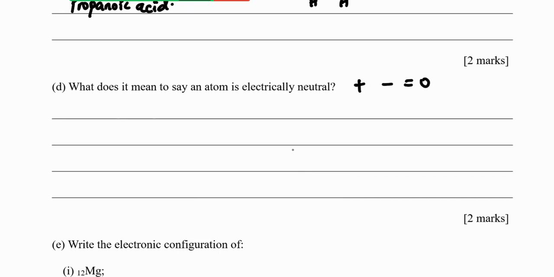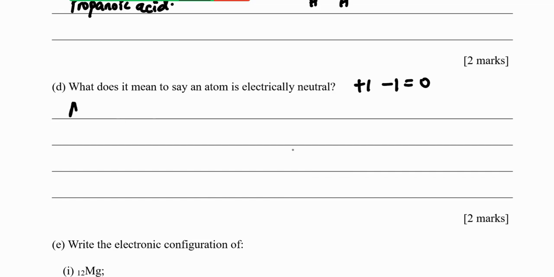More like in mathematics, plus and minus always end up giving you zero. So for example, plus one minus one is the same thing as zero. Plus two minus two is the same thing as zero. So they are neutralizing each other.